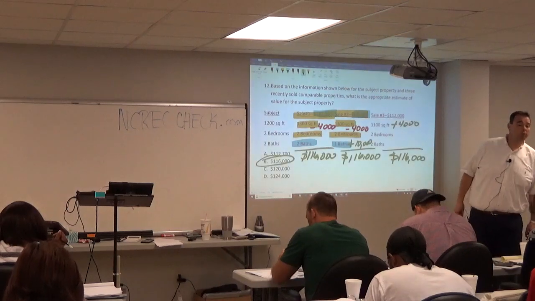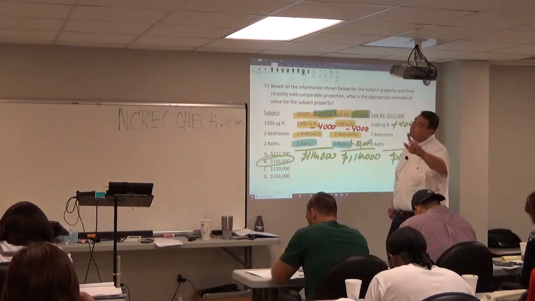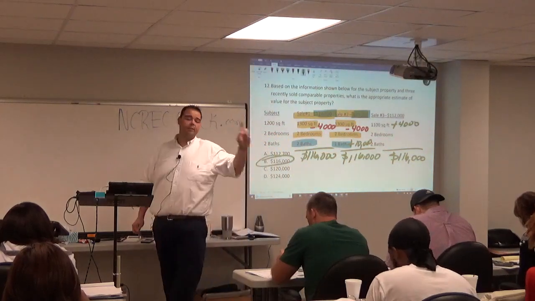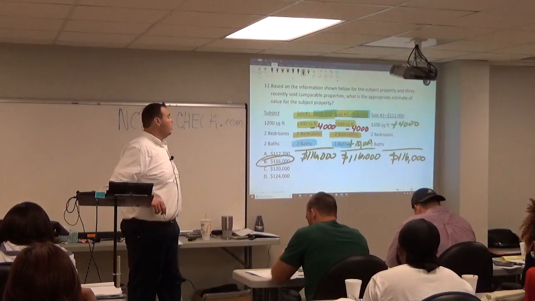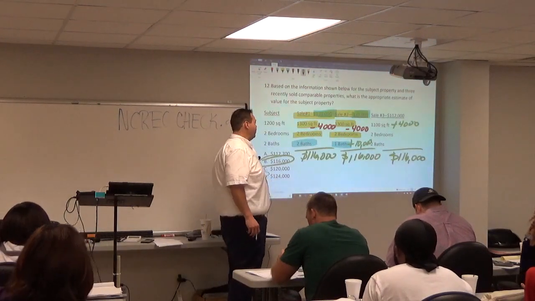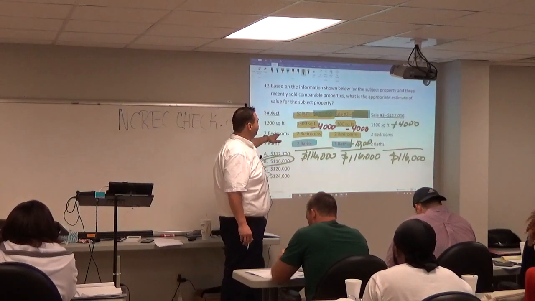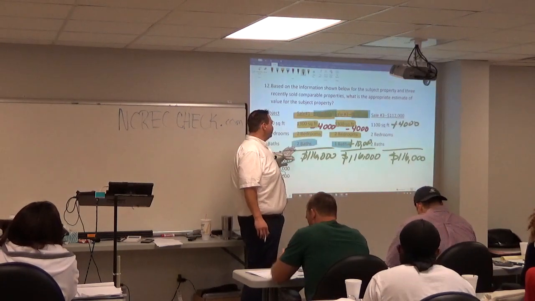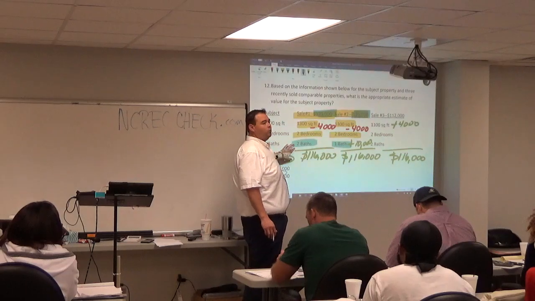Now here's what you don't do. You better listen, because some of you are going to do it. Even though I'm about to say this, some of you are going to do it. You cannot sit there and take 1,300 square feet and multiply it times $40, and then 2 baths must be worth another $20,000.